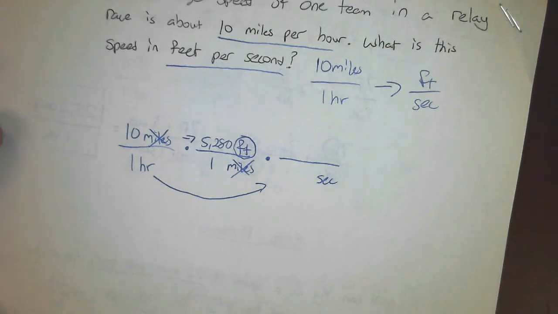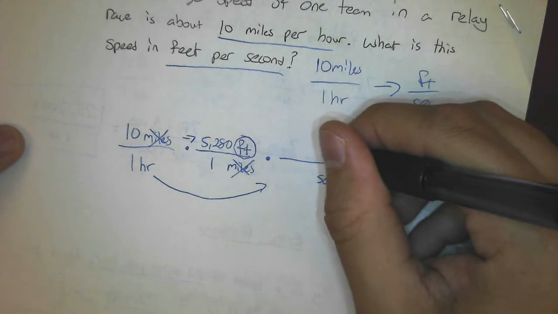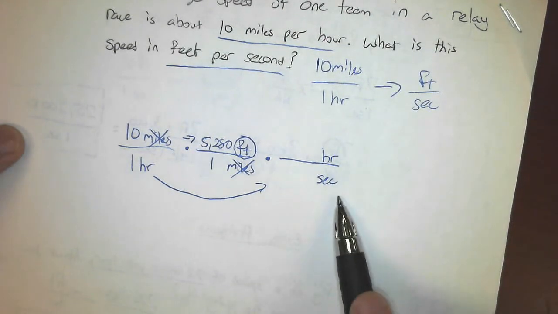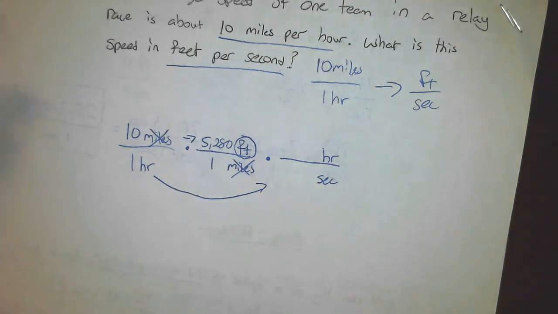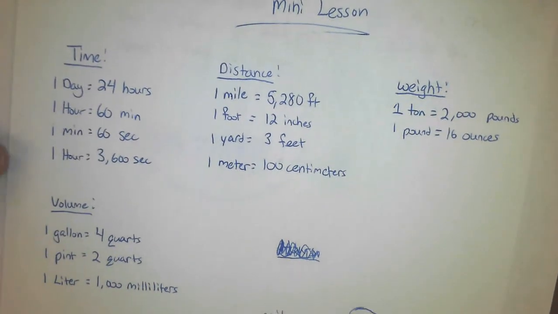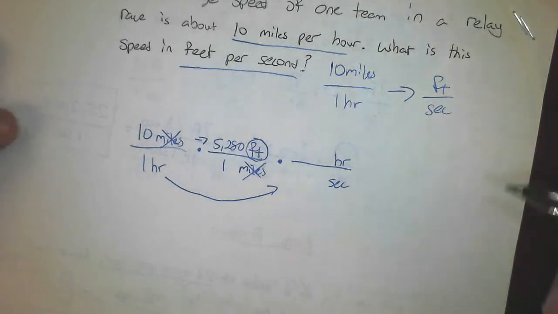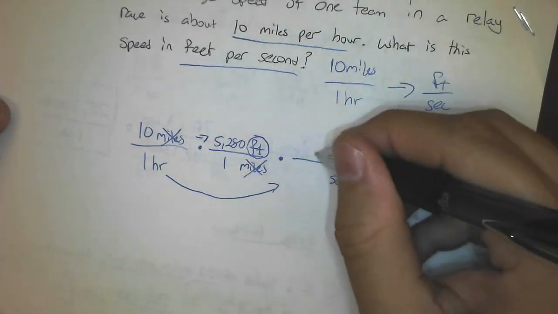So if I look at my handy dandy worksheet right after I put hour up here, because remember we're converting from hours to seconds. So I'm going to look at my sheet, and I've got 1 hour equals 3,600 seconds. So I'm going to take that information, plug it right into my equation.